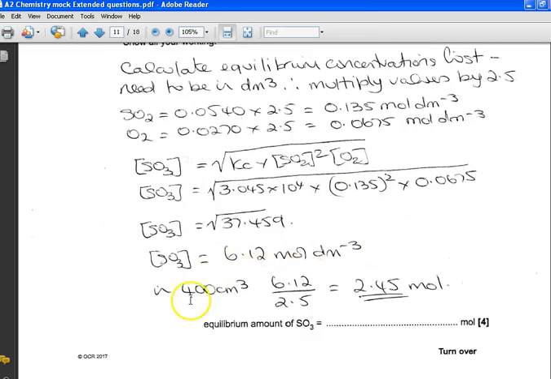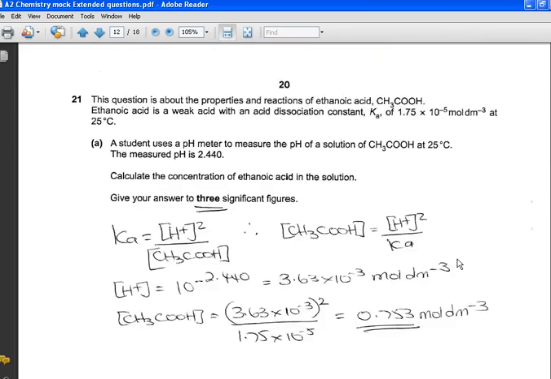And then finally, because this is in moles per dm cubed, but in our reaction vessel we only had 400 cubic centimeters, don't forget you need to divide by 2.5 to come back to the equilibrium mixture itself in our reaction vessel. Okay.